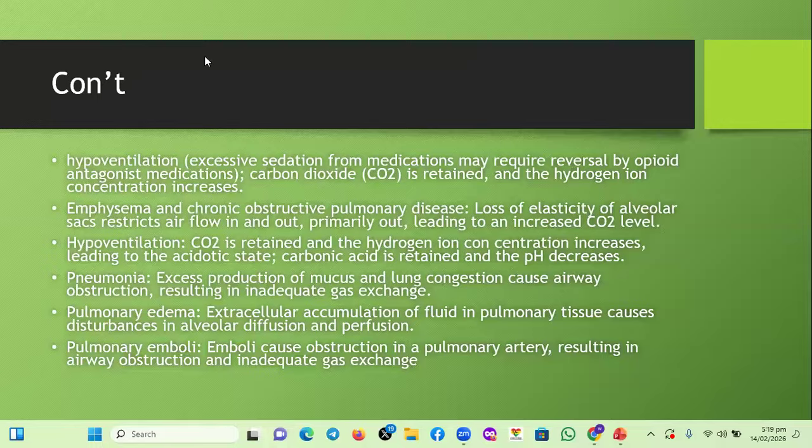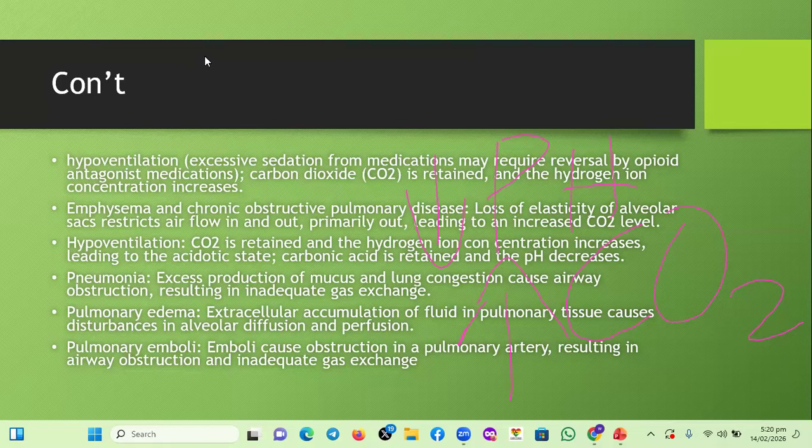when you see respiratory acidosis, what you should look out for is that pH is low and carbon dioxide is high. We'll go into the labs proper and look at how to interpret them.